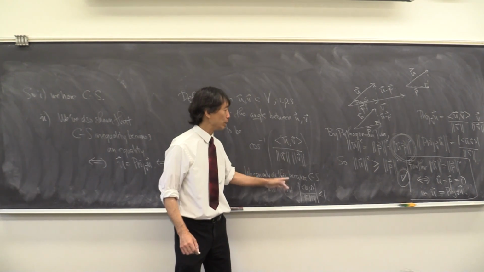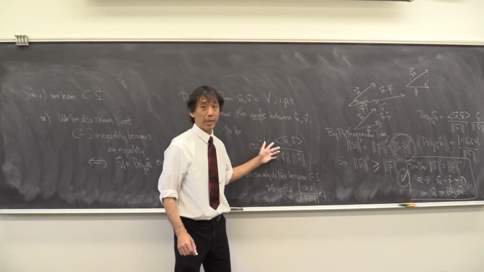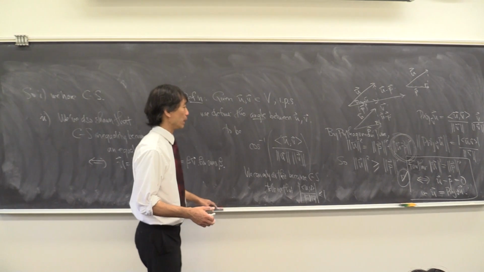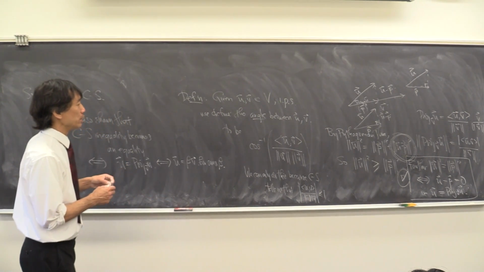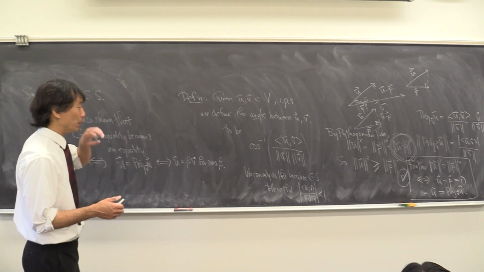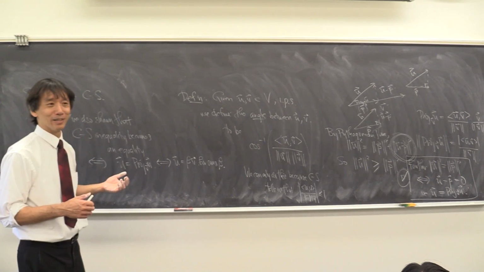If we didn't have Cauchy-Schwartz, we wouldn't know that this number is between -1 and 1, so taking the arc cosine of it wouldn't make any sense. But now because of Cauchy-Schwartz, we can define the angle in a backwards way.